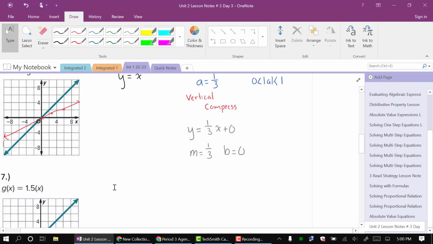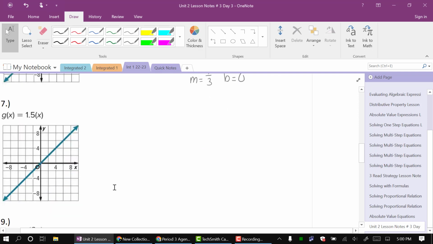Let's take a look at number 7. Our parent function, as always, is f of x equals x. So in that case, this is going to be y equals x plus 0. It's already been graphed, so we don't have to worry about graphing it. Now let's take a look at our g of x.